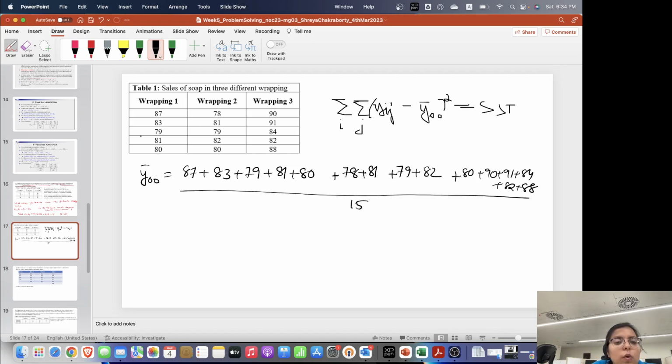So what we'll do, we'll get the total mean irrespective of whichever group these variables fall in. Okay, so once we have that, can you please calculate what this will come out to?